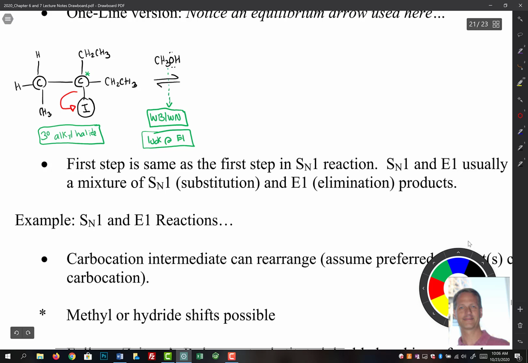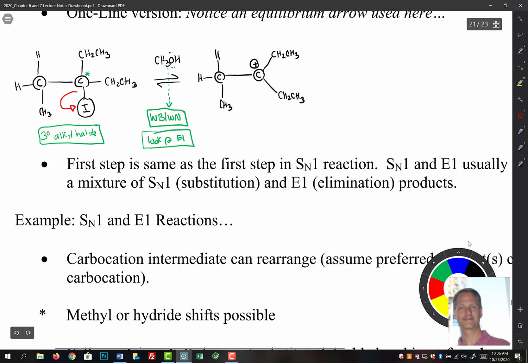So what we're going to have here is our H, the same structure minus the iodo group that's left. So our carbon, another H, our CH3, carbon, and now we have a CH2, CH3, and another CH2, CH3. And then don't forget to put your plus charge right in there.